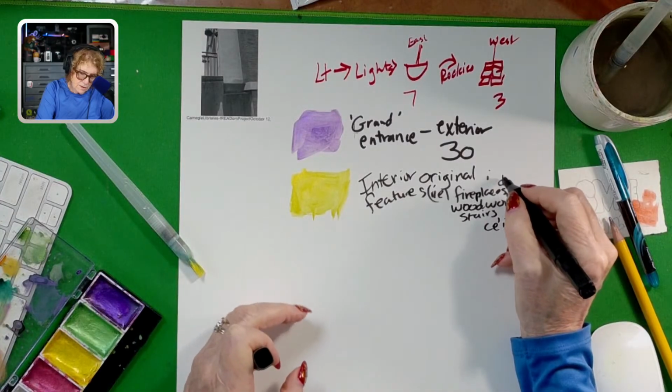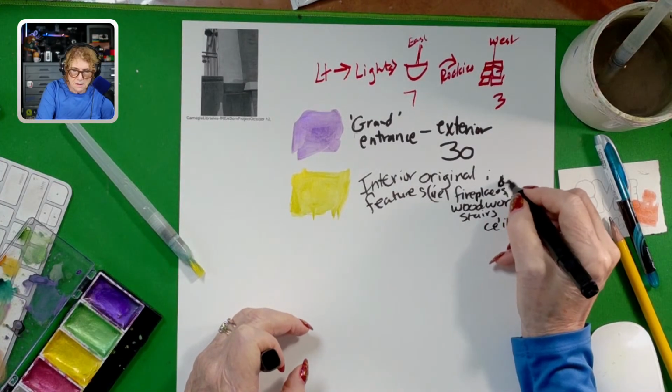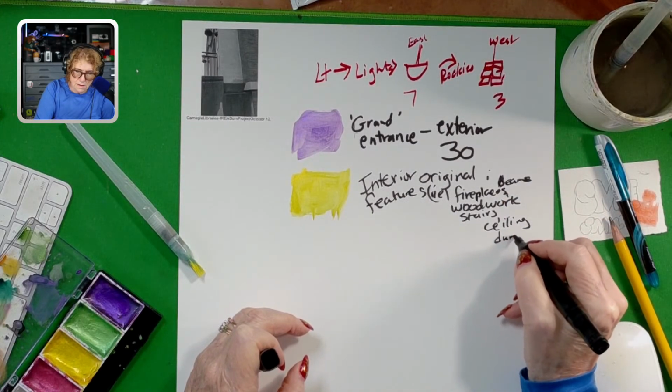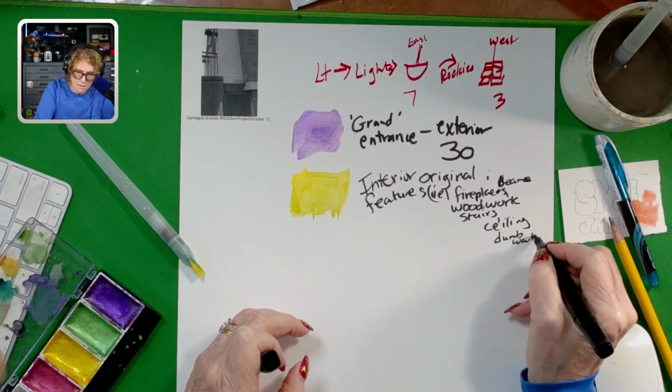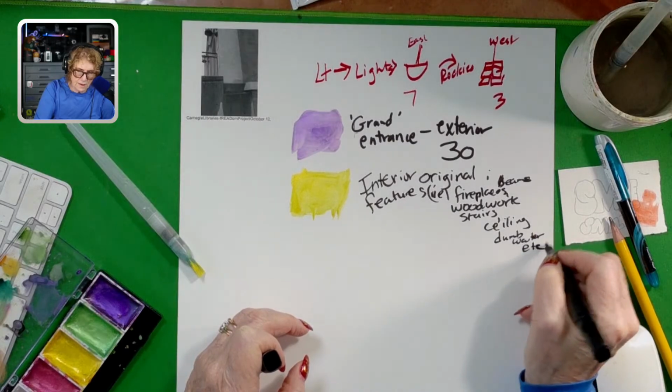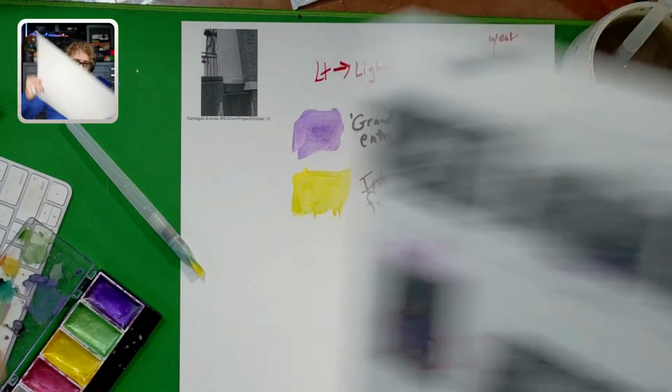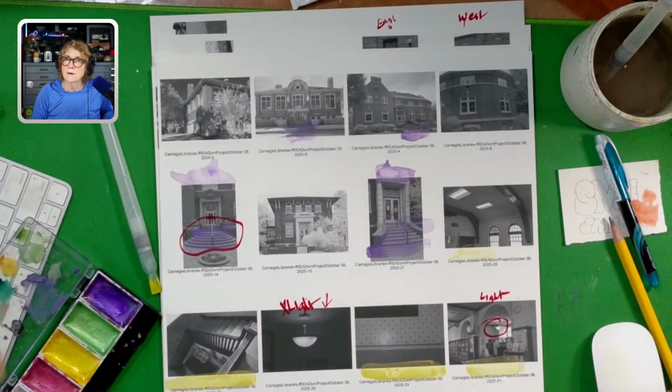What else was there? Oh, there was beams, dumbwaiter, etc. Okay, got that. That's kind of my notes there for that.